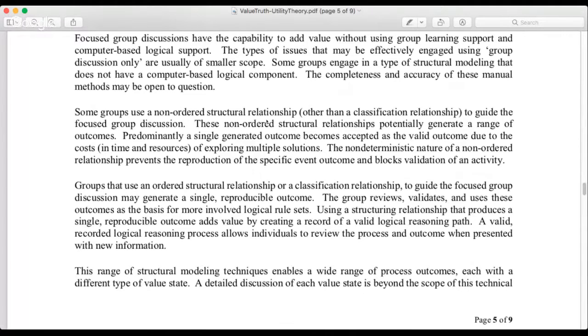Could the value be optimized? Could larger problems and larger types of activities be analyzed and engaged using different methods? Well, those are the things that we really need to look at in the future.